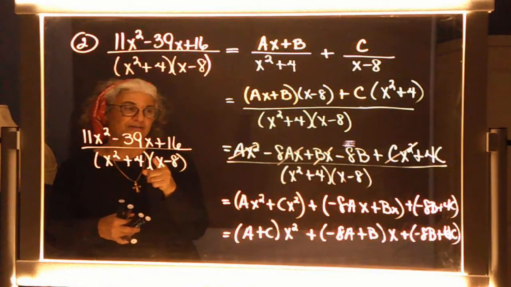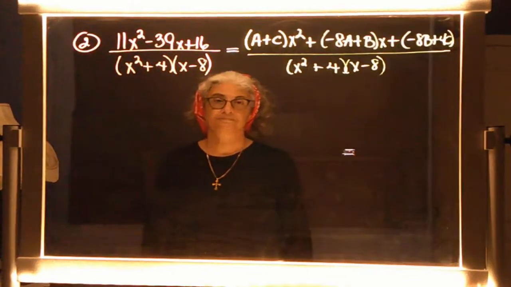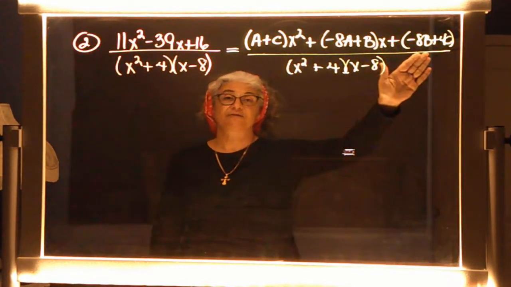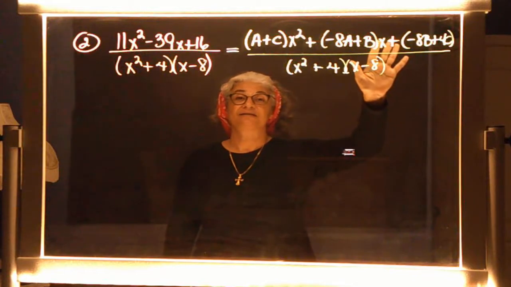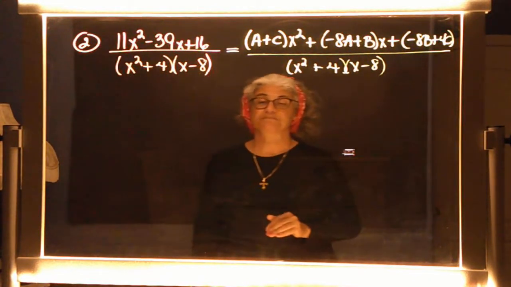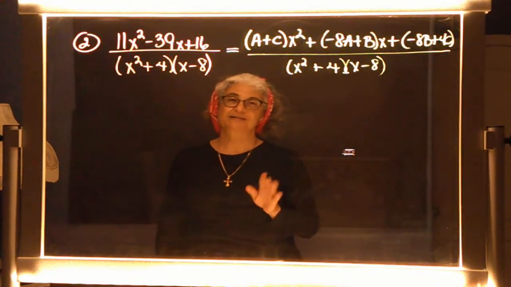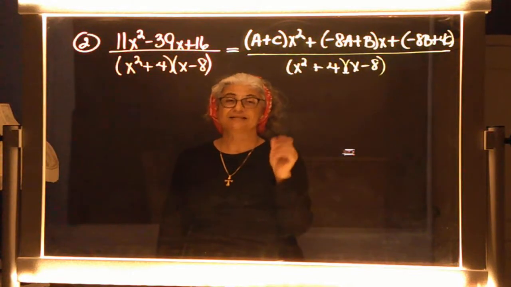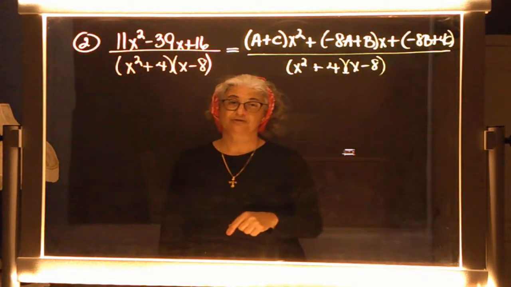I'll be right back with the finale of this problem. Okay, so I'm back to finish this problem. So here's where we left off. So this left side, or this right side, must equal the original fraction, right? Okay, so remember what the next step says after we add these two fractions together? It said to set the numerators equal to each other.